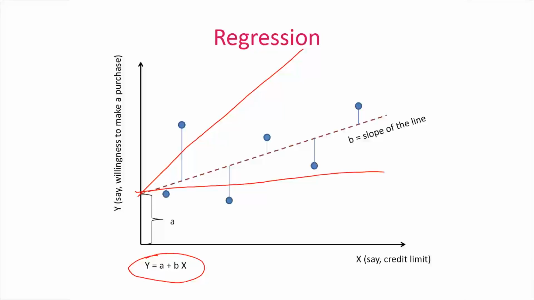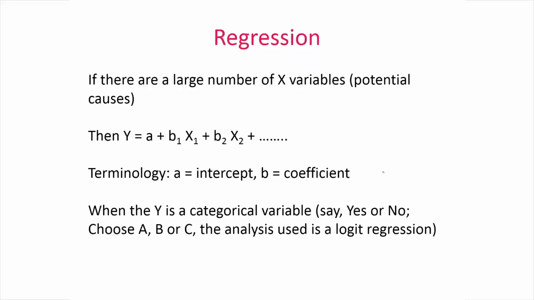Now, as we said, if there are a large number of x's, then our regression line is going to look something like this, where y = a + b1 times x1 + b2 times x2, where x1, x2 are the various different variables that explain y. And then finally, in this example that we looked at, y is a continuous variable.